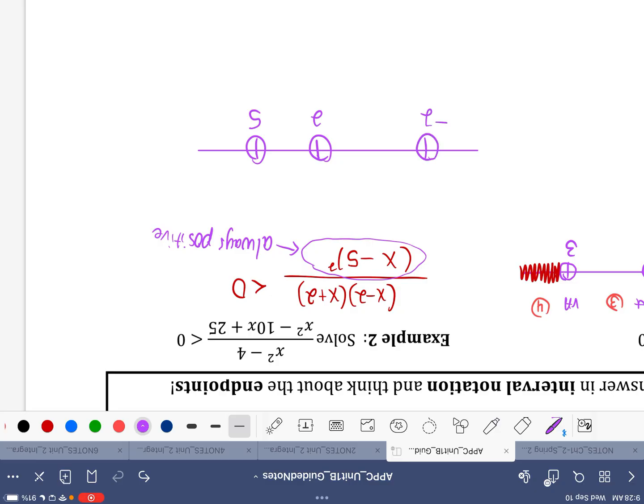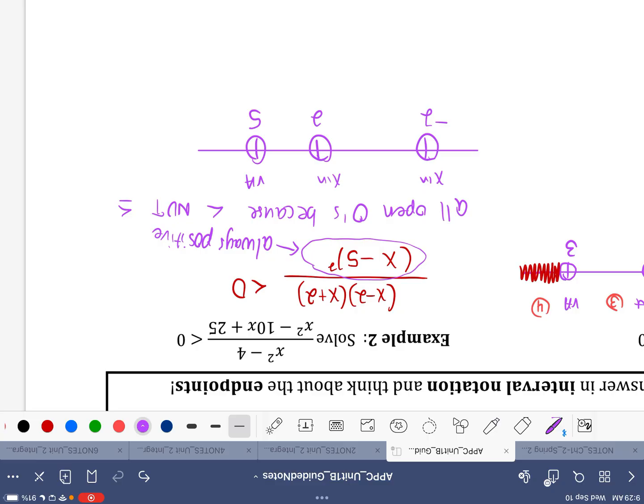So even though these are x-intercepts, and this is a vertical asymptote, they are all open circles. Why are they all open circles? That's a polynomial trick, not a rational function.